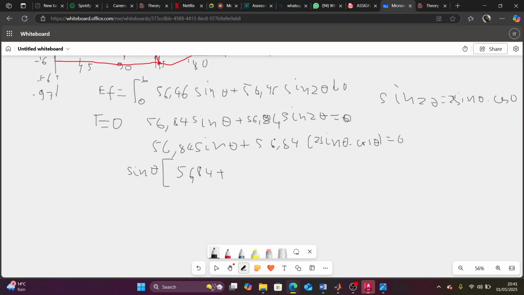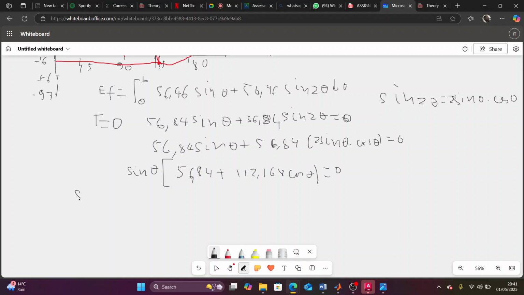Can I please continue? Do you see what's happening, Angela? Yeah. So what is 2 times 56 here? 112. So 112,168 cos theta to be equal to 0.